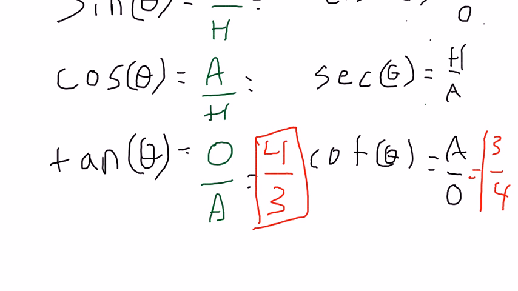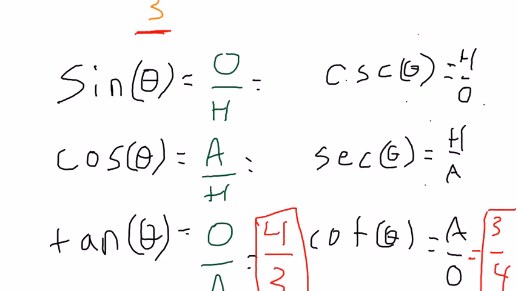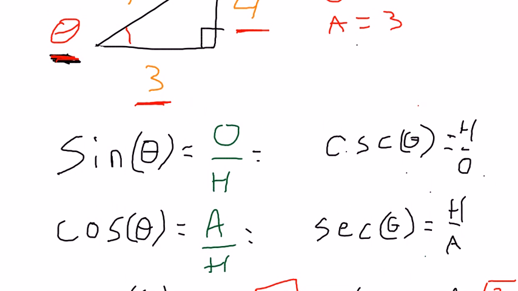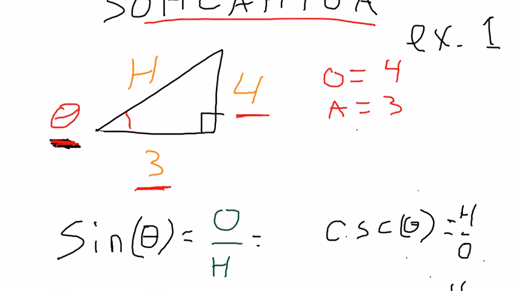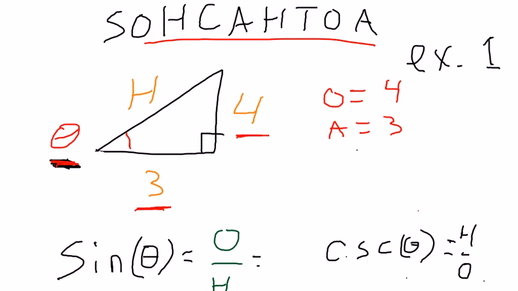All right, now we're going to need to use a little math in order to figure out sine, cosine, cosecant, and secant. And the math we're going to use is the Pythagorean theorem. We know that the two legs of a right triangle squared and added together should equal the hypotenuse squared.